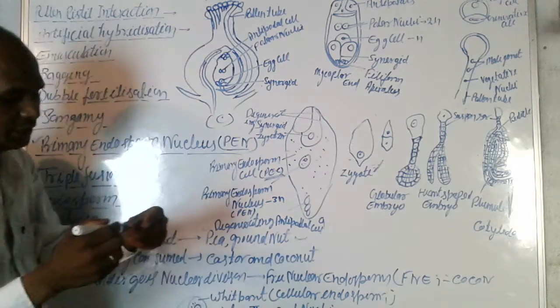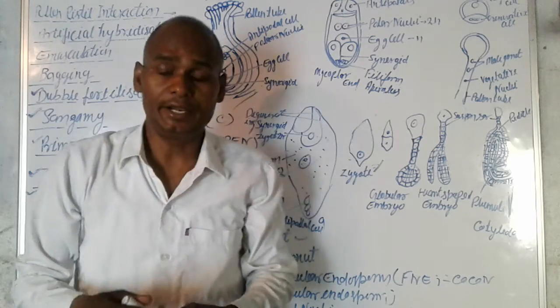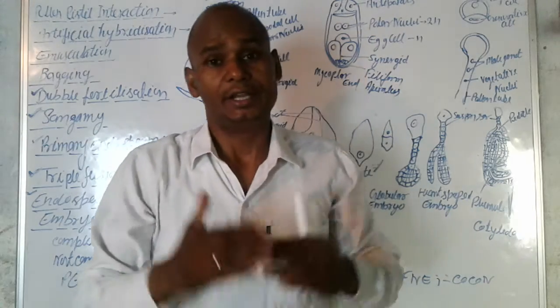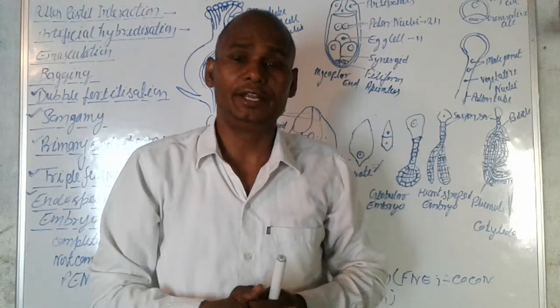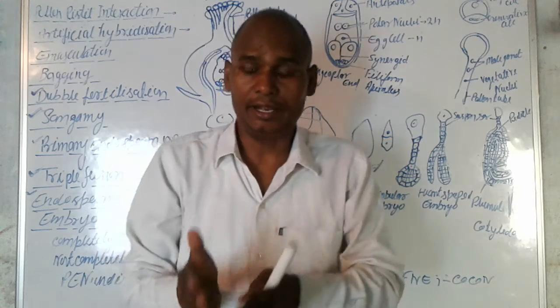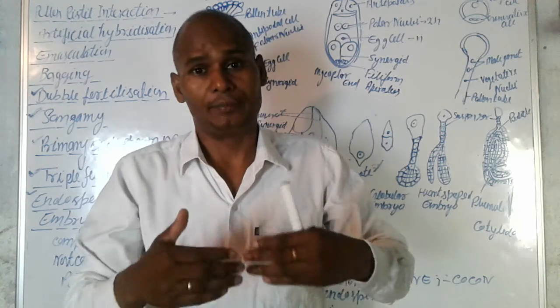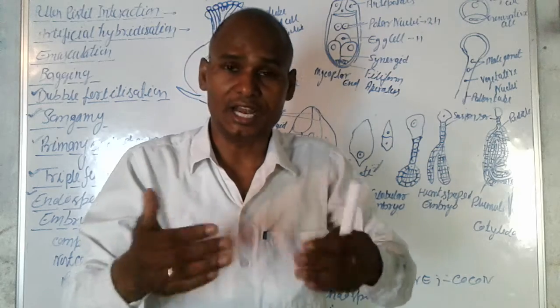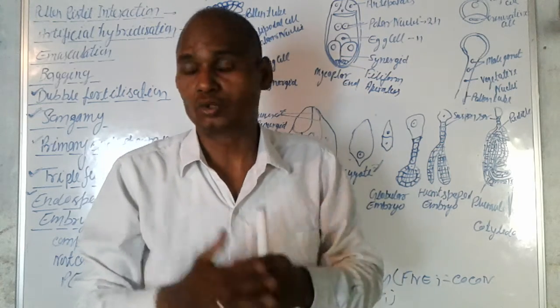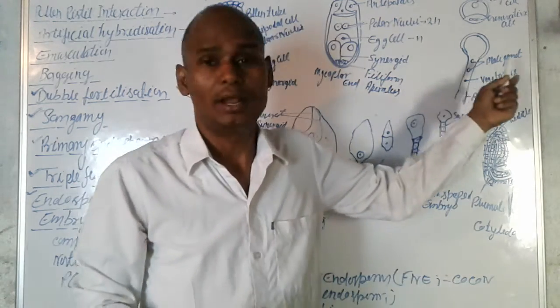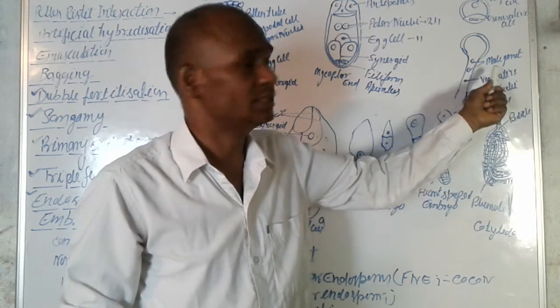These are the pollen grains, and the pollen grain increases in size. Inside the pollen grain there are also male gametes.